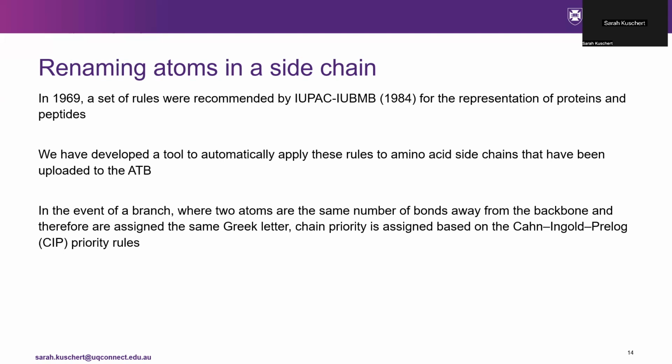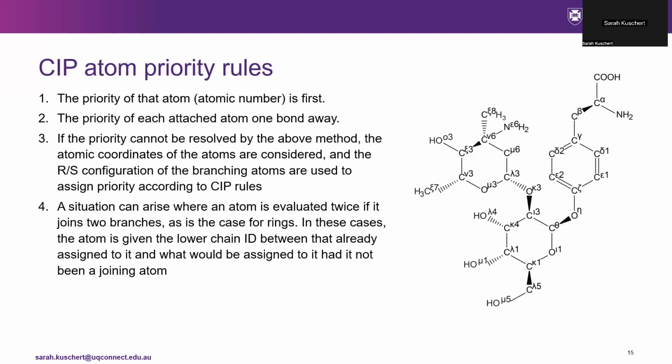So every atom is given a number of bonds away from the C alpha atom. So 1 bond away gives you a C beta, 2 bonds away gives a C gamma. But if you have an example that you can see here, there are 2 C deltas. So they are equally bonded away from the C alpha, but they need a chain priority assigned to them.